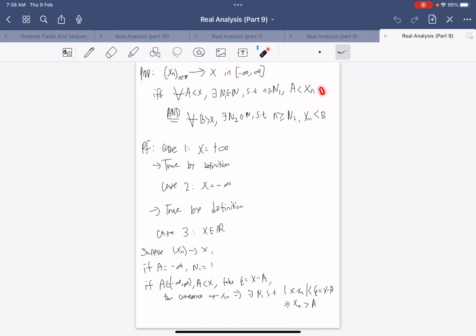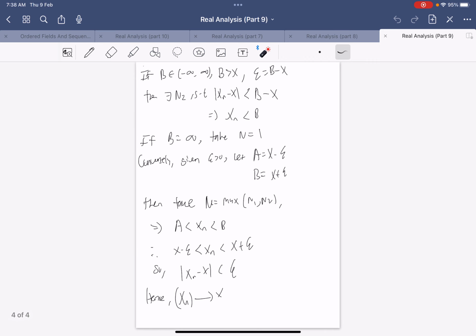Now we want to use these two properties to prove that xn converges. And so given an epsilon, we just take a to be x minus epsilon and b to be x plus epsilon. Then by the earlier proposition, there will exist cutoffs n1 and n2. And so you just take the maximum of these cutoffs, and then xn will be bounded between a and b, which means it will be bounded between x minus epsilon and x plus epsilon.